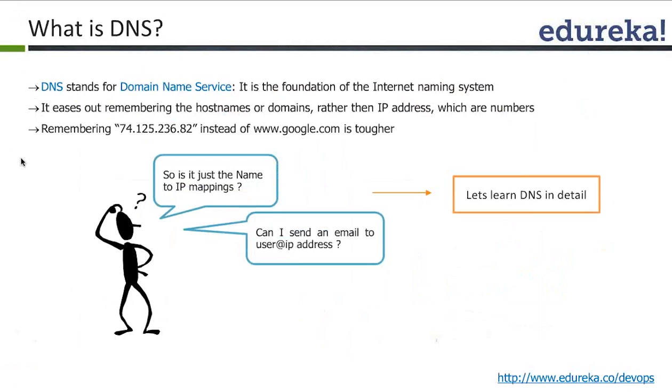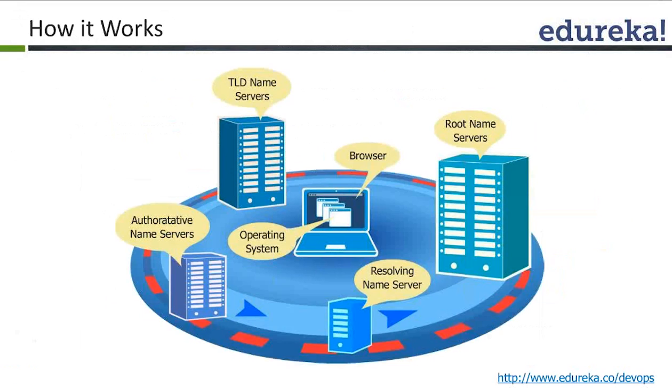We need to make changes again in all these etc host files. So you can see the number of changes; this is just impractical to maintain, and that's how DNS evolved.